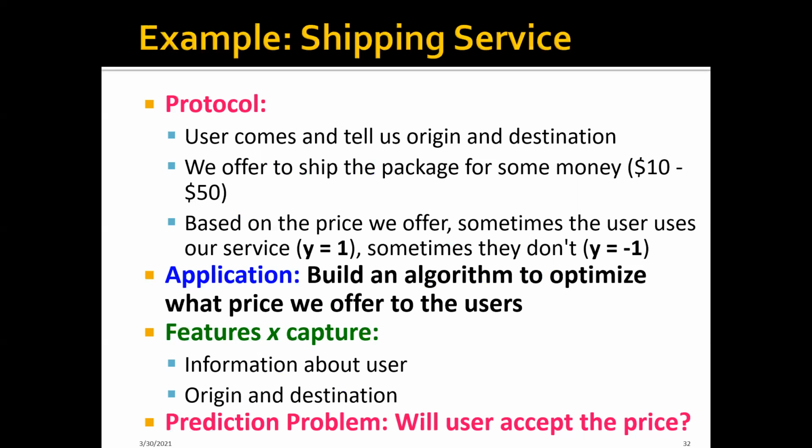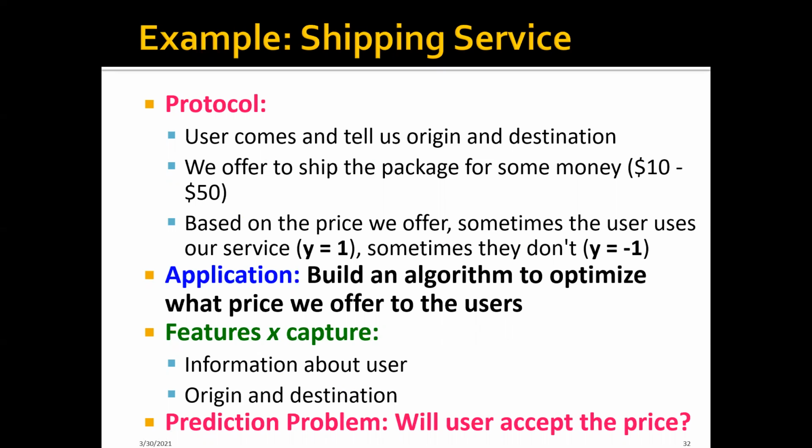And based on the price we offer, sometimes the user uses our service, which is basically saying that this is a positive data point, and sometimes they don't, which means that it's a negative data point. And the application of this classifier is that we can use it to build an algorithm to optimize what price we offer to the users.